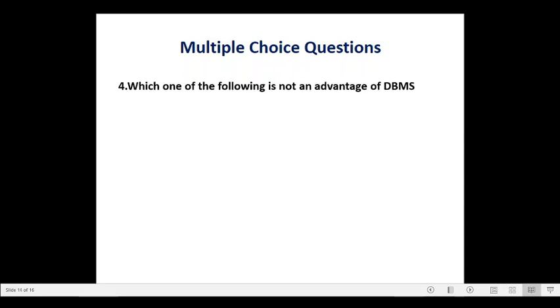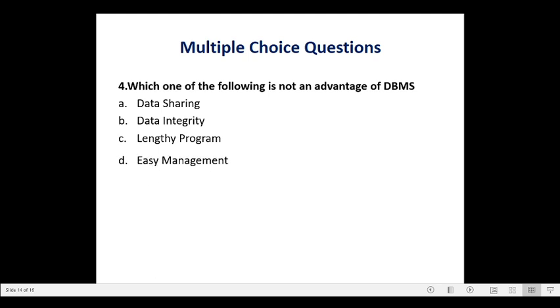Next question. Which one of the following is not an advantage of DBMS? Data sharing, data integrity, lengthy program, easy management. We know that data sharing, data integrity, easy management are the advantages. So answer is lengthy program, because it requires only simple small programs.